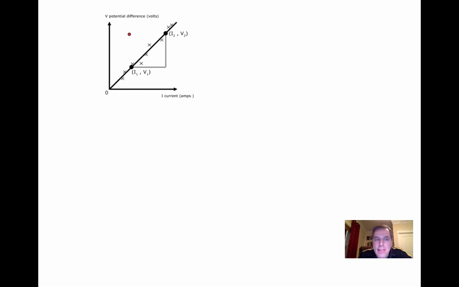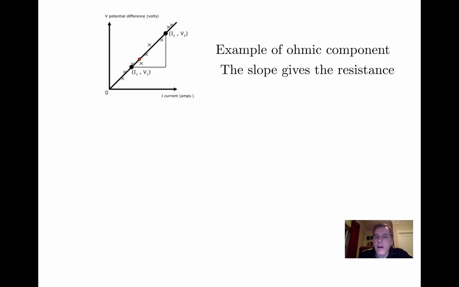That just tells you that the ratio delta V over I is always the same value, no matter what I is, no matter what delta V is. Then you get a straight line. And on this graph, the slope of your line gives you the resistance. Okay. So in that case, that's an ohmic component, the slope gives a resistance.